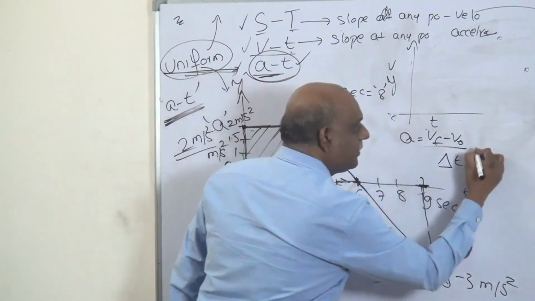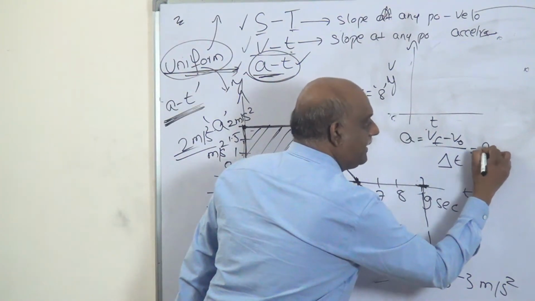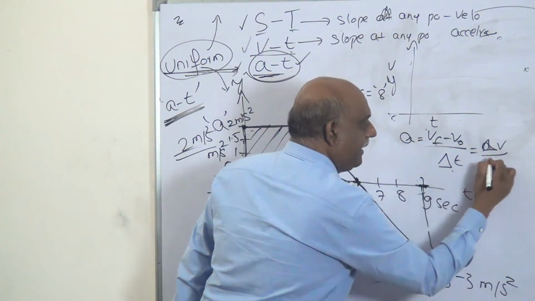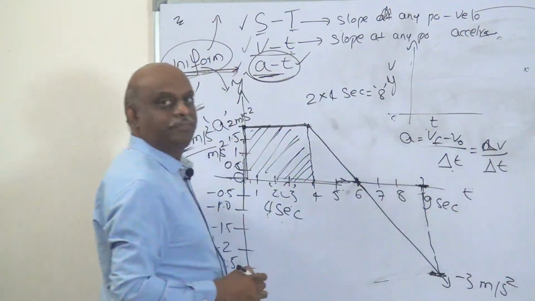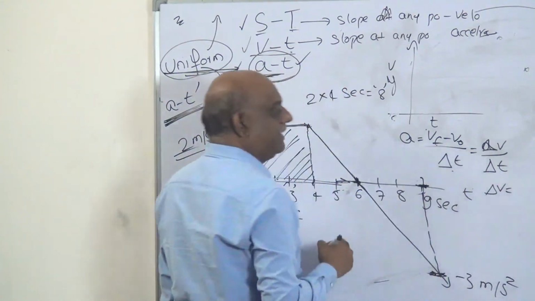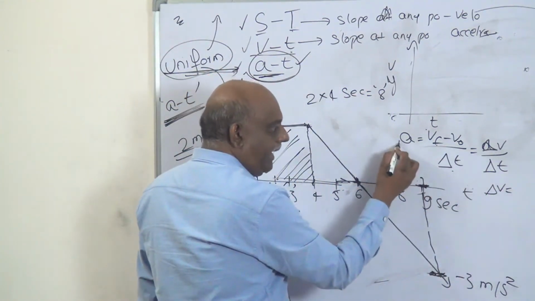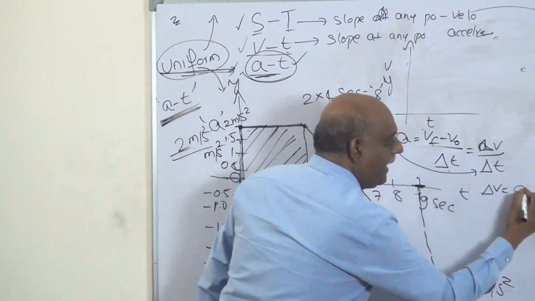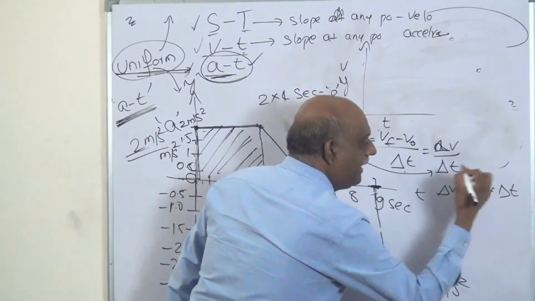So A is equal to delta V divided by delta t. So delta V is equal to A into delta t.